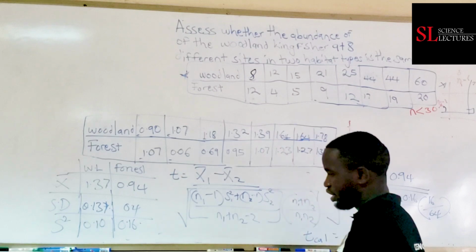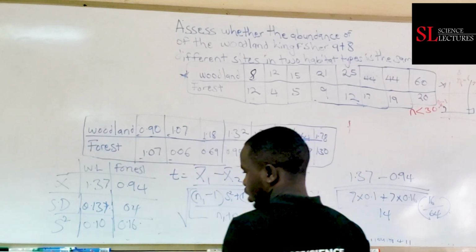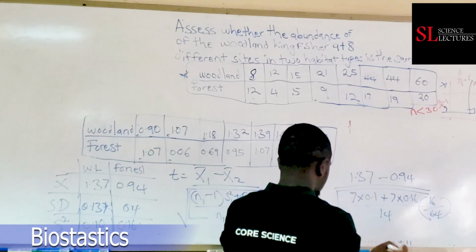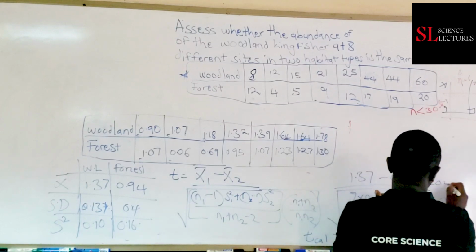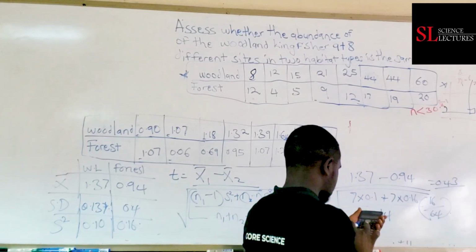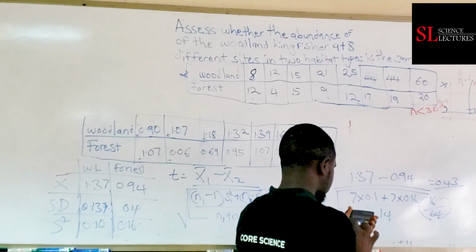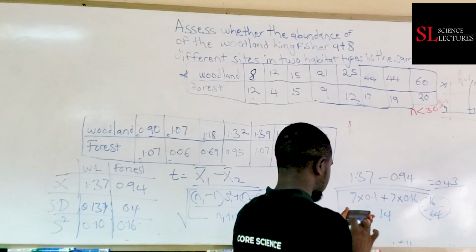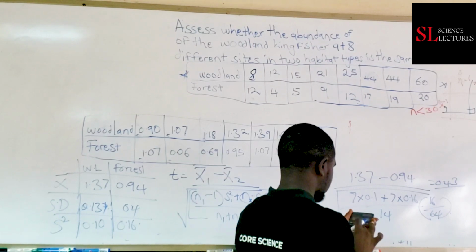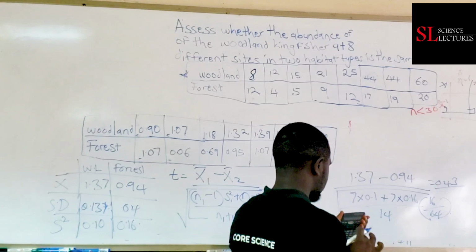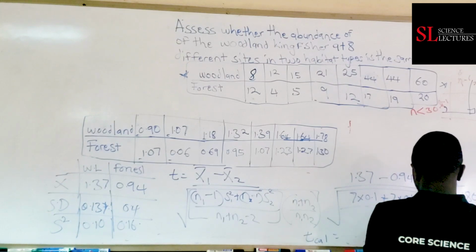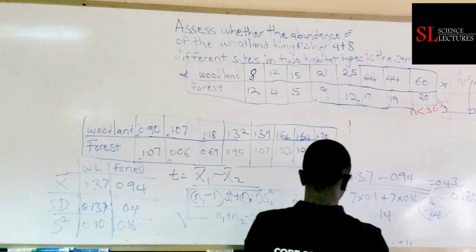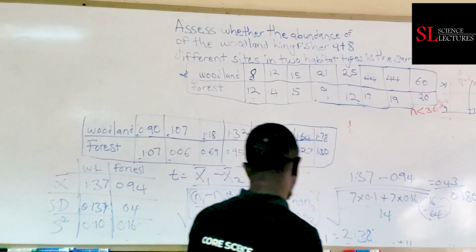When you press that on your calculator, you can confirm it briefly. 1.37 minus 0.94 gives 0.43. Then 7 times 0.1 plus 7 times 0.16 divided by 14, times 16 divided by 64, gives us 0.180. So 0.43 divided by the answer, I get 2.38 as my calculated t.